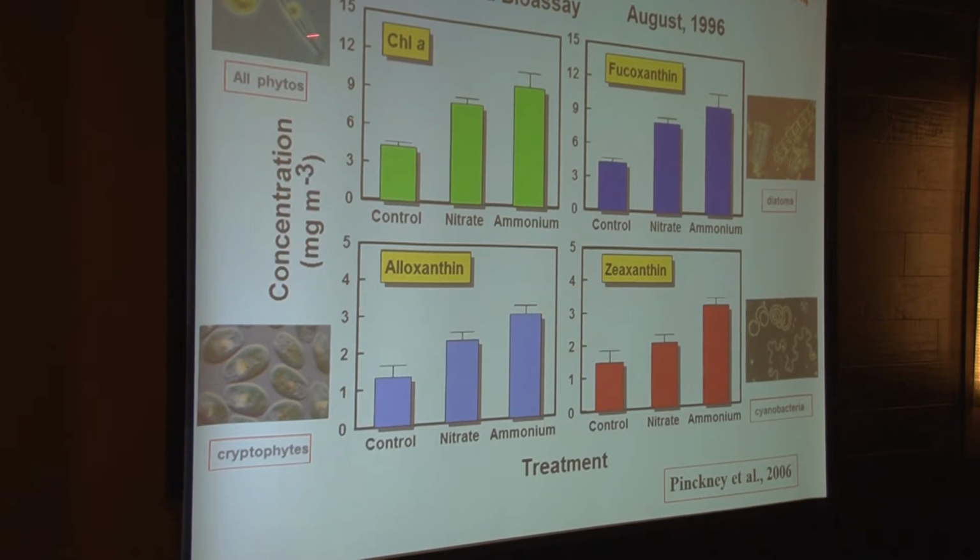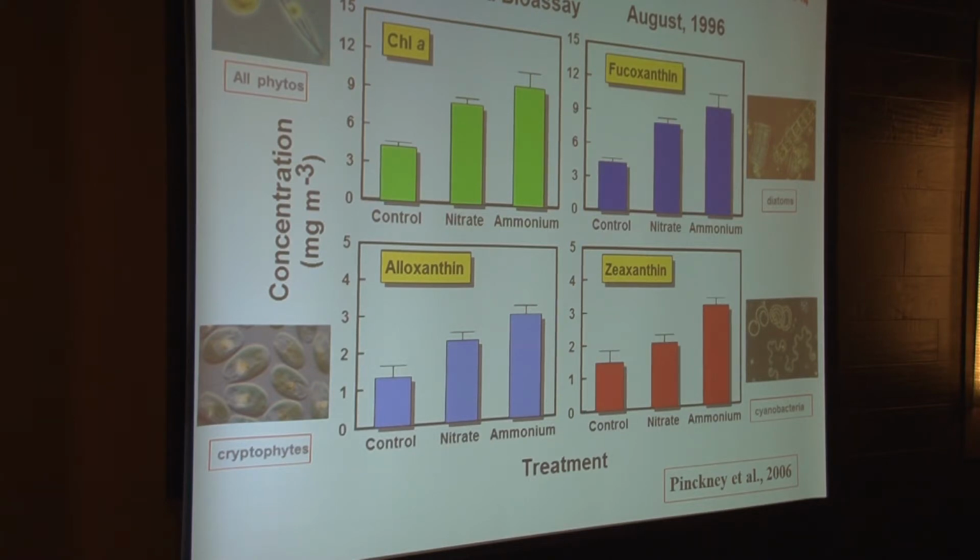So if you look at the total phytoplankton community, so this would be chlorophyll A, you can see there is a response. It's barely significant. Alloxanthin for the cryptophytes, which are good food sources, by the way, there is a difference as well. Diatoms, somewhat of a difference, but if you look at the blue-greens, or the cyanos, they really have a very strong preference for ammonium over nitrate.